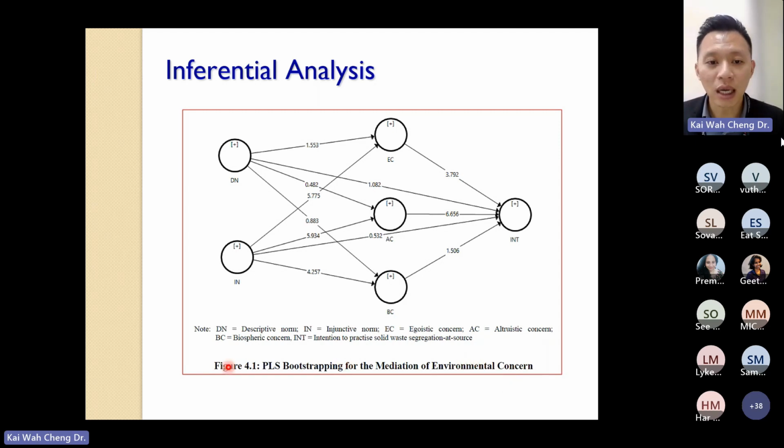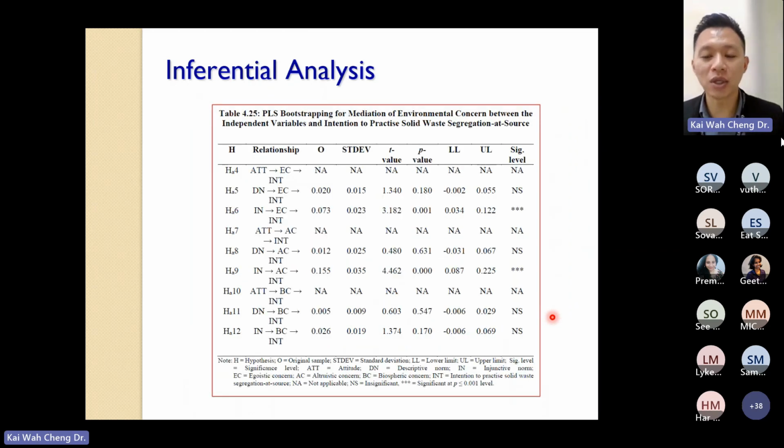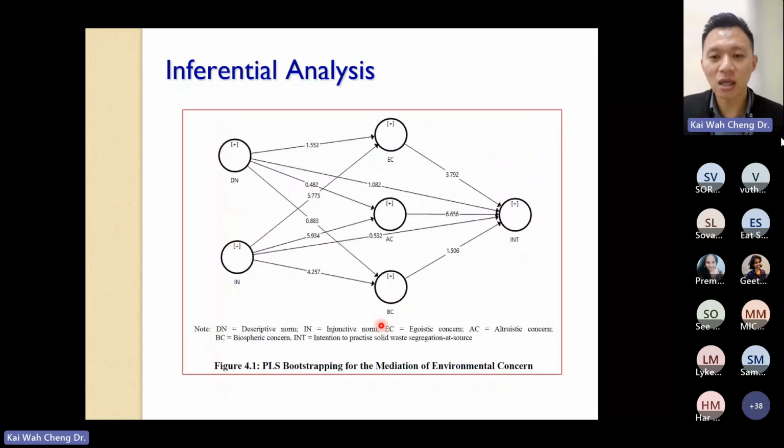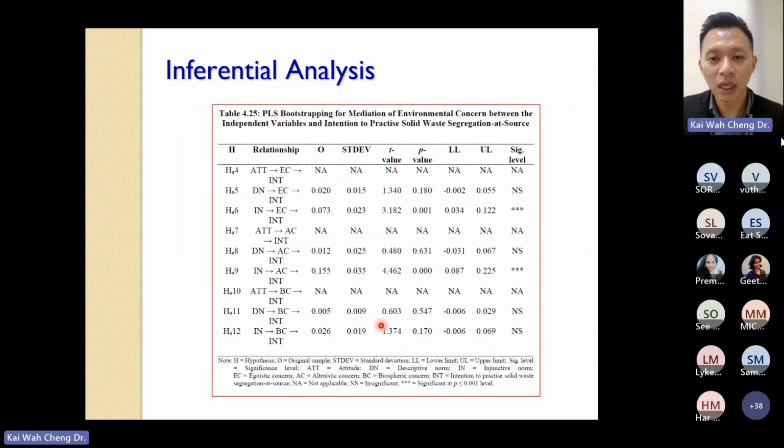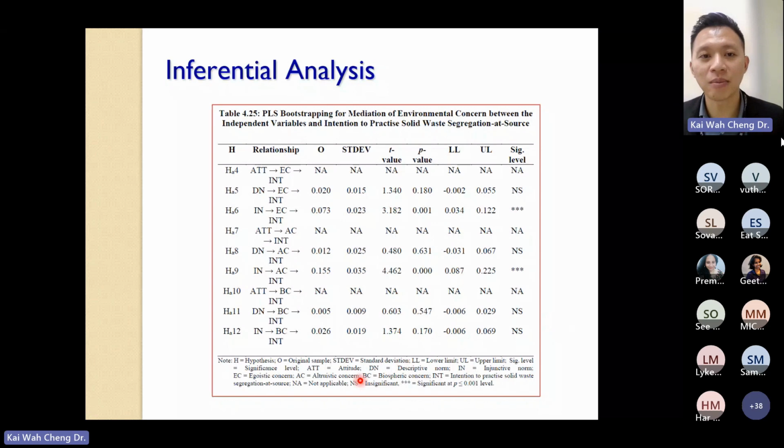Whenever you undergo any statistical test, that means you are conducting inferential analysis. This is the output from Smart PLS. Once you have the research output in a diagram form, if you are using Smart PLS or AMOS, definitely you will have the output in a diagram form, and then you should be able to present the data from a diagram form into a table form, something like this.